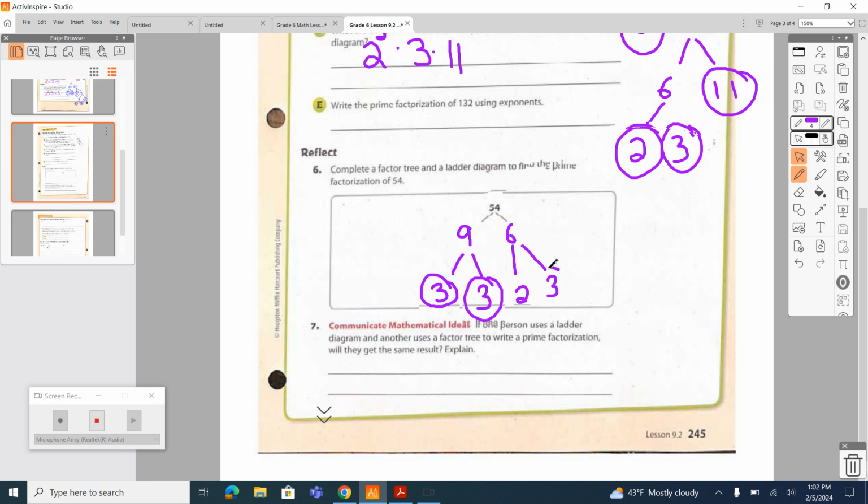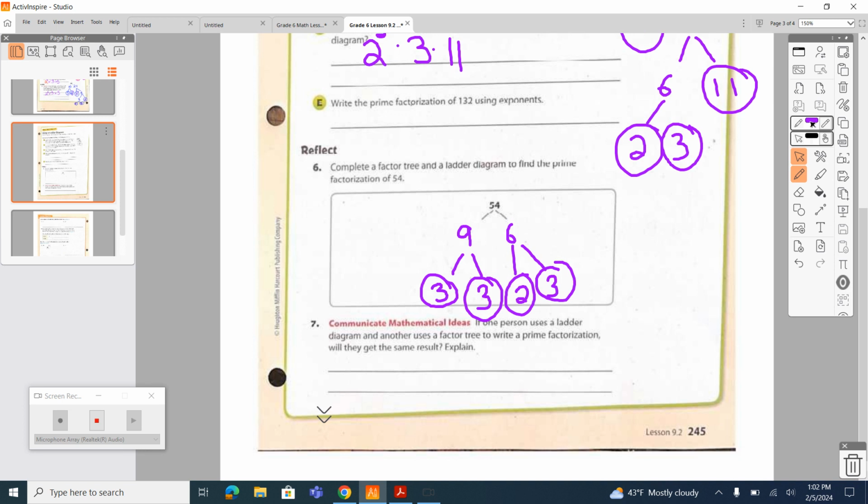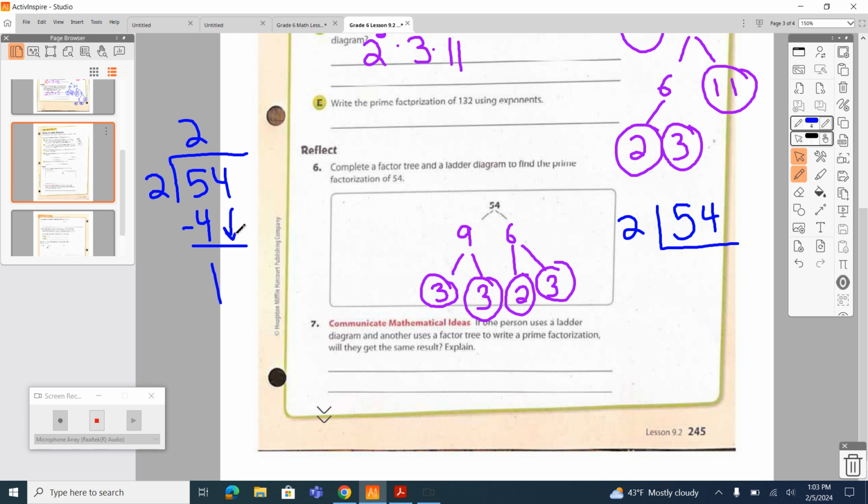If I tried the prime factorization ladder, I would say, well, 54 is an even number, and it is divisible by 2 because it's even. And if I'm not sure what it is, I could come over here and do 54 divided by 2. 2 times 2 is 4. Bring down a 4. And I get 27.